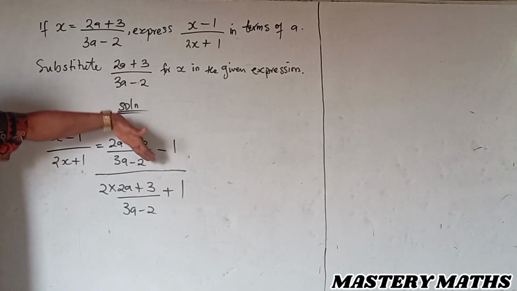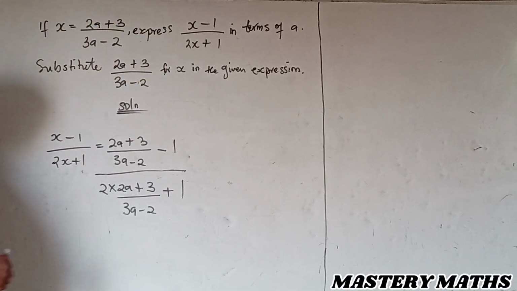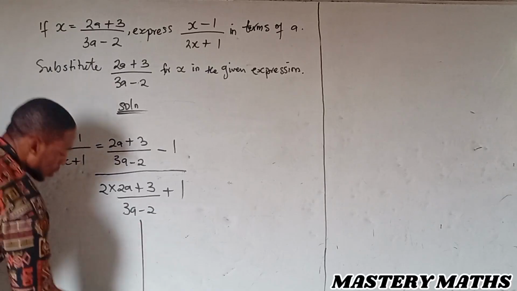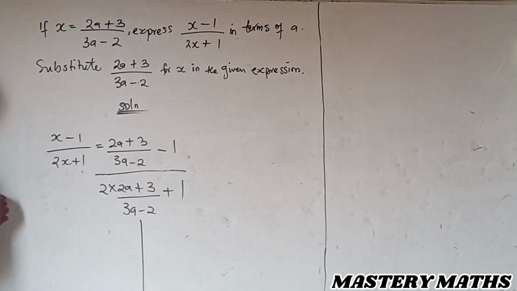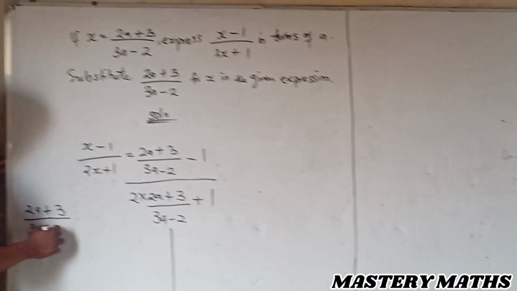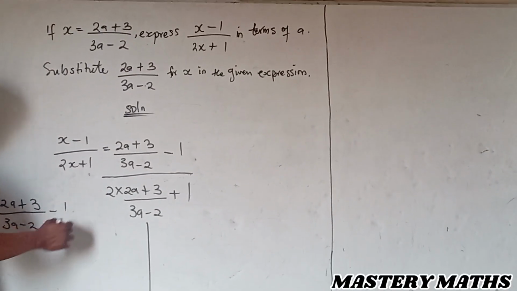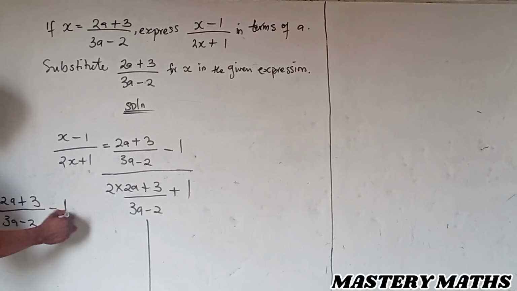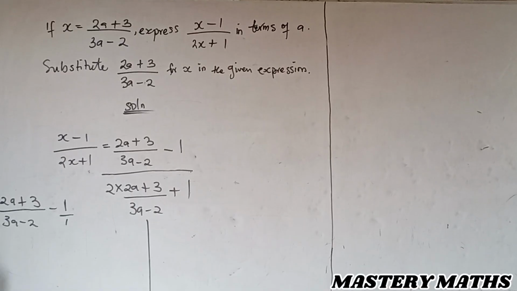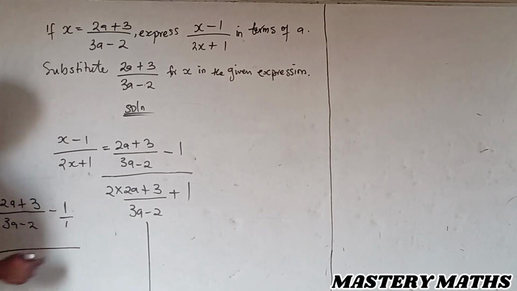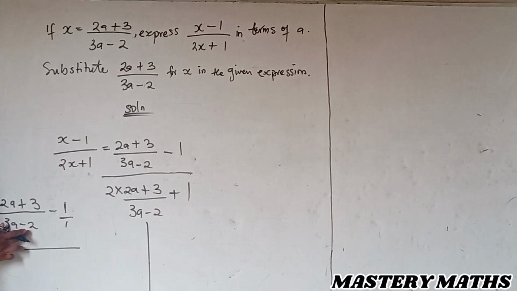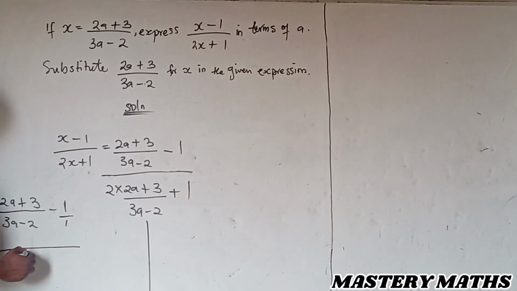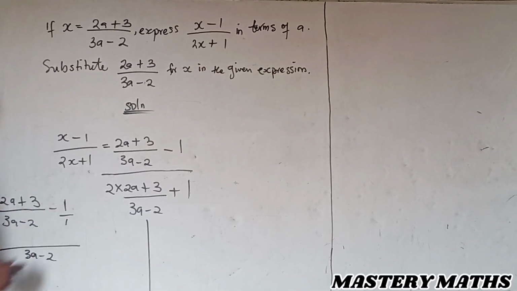First, I want to take the numerator. I'll bring the numerator here, which is (2a + 3) over (3a − 2), set it down, minus 1. To balance the equation, we put over 1 here. Now we're going to look for the LCM. The LCM of 3a − 2 and 1 is the same as 3a − 2.